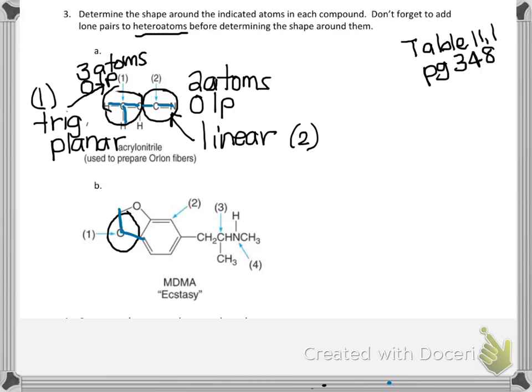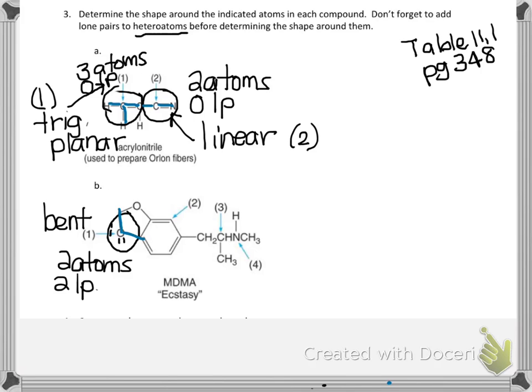But oxygen is not happy with just 2 bonds there, is it? Oxygen needs 2 lone pairs on it. All the oxygens would need 2 lone pairs, but it's going to change the shape. So this has 2 atoms and 2 lone pairs. And if you look on your table, that is bent.